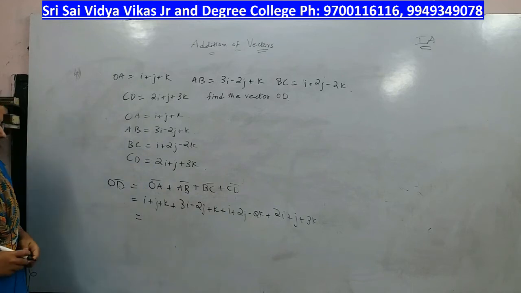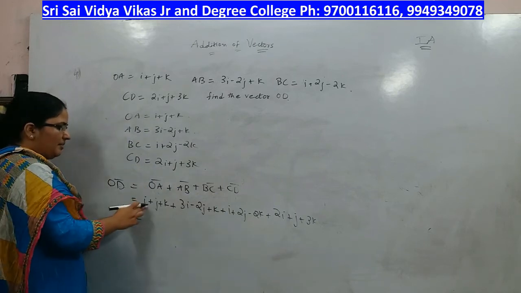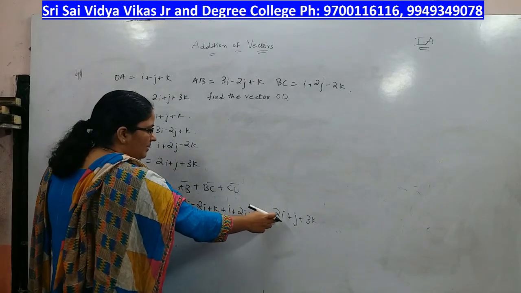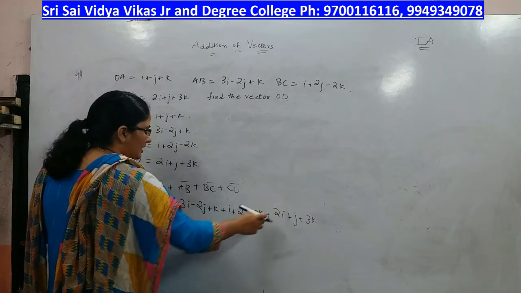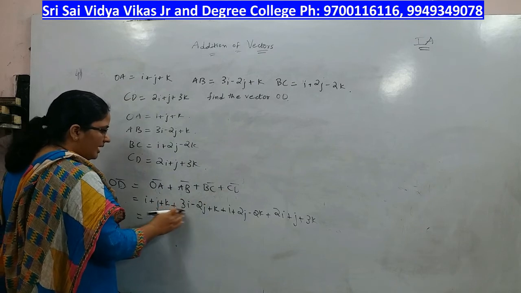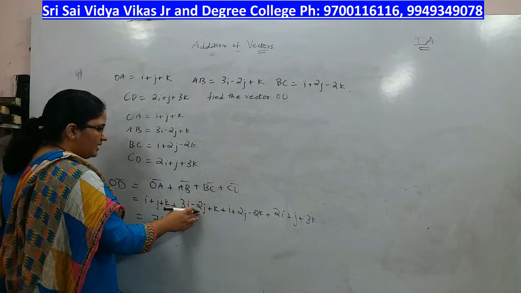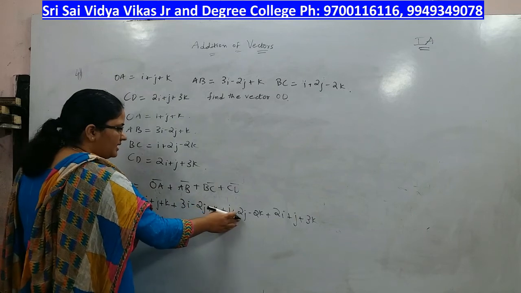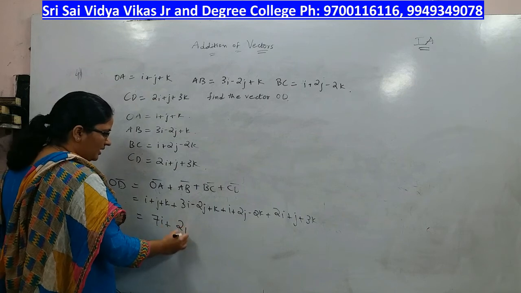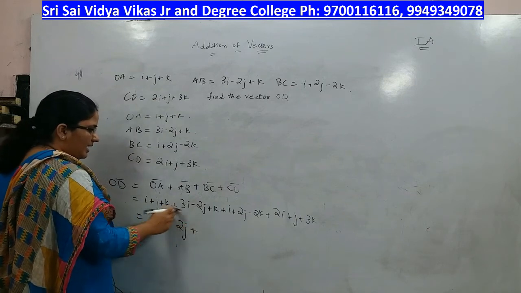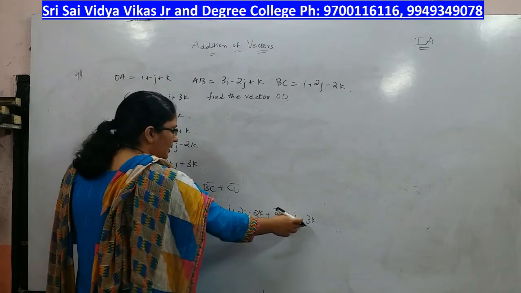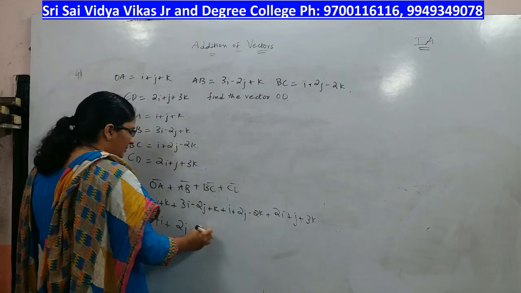So OD is nothing but the addition of all these vectors. How to add? i terms with i terms: i plus 3i is 4i, 4i plus i is 5i, 5i plus 2i is 7i. j minus 2j minus j plus 2j, j plus j is 2j. Then k plus k is 2k, 2k minus 2k cancel, plus 3k, so you have 3k.